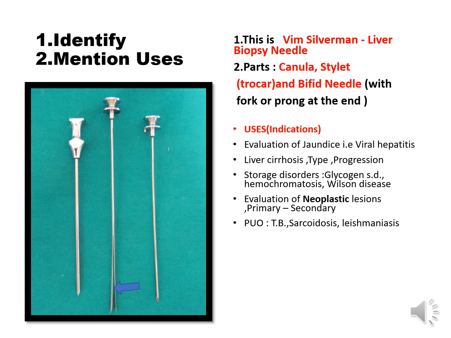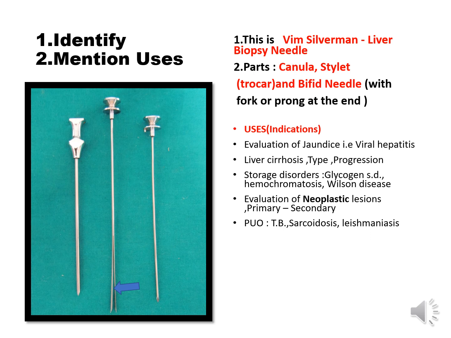Then liver cirrhosis, for typing of the cirrhosis and progression of the disease. Storage diseases like glycogen storage disease, hemochromatosis, that means iron deposits with cirrhosis, and Wilson's disease, copper metabolism affecting and leading to liver cirrhosis. Evaluation of neoplastic lesions: there may be primary liver cell carcinoma or metastatic liver cell carcinoma.